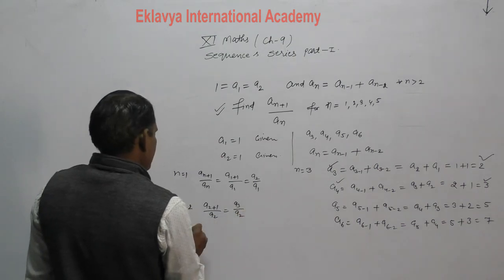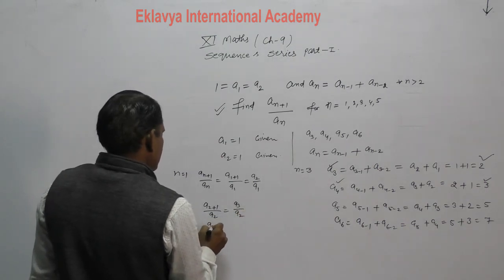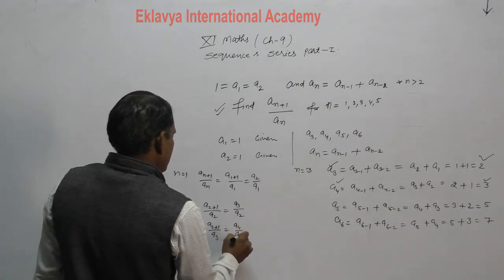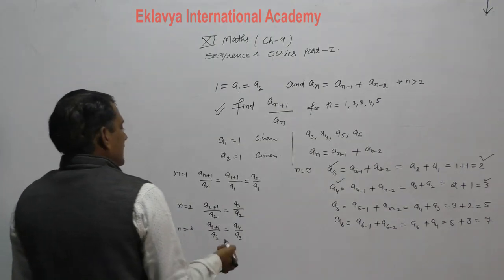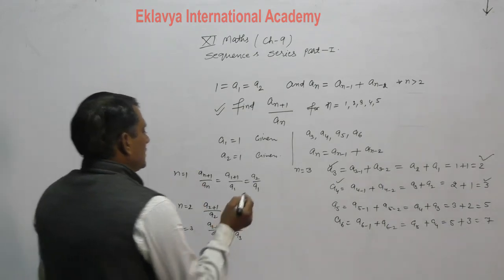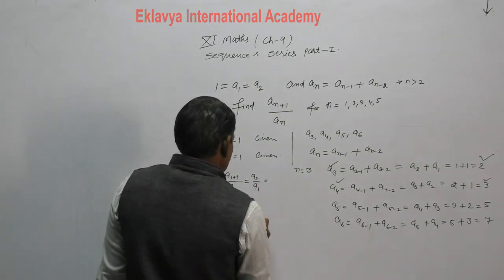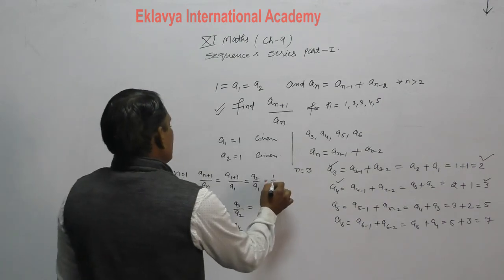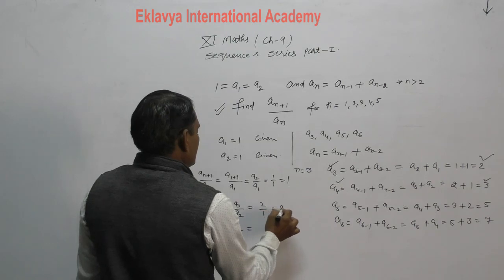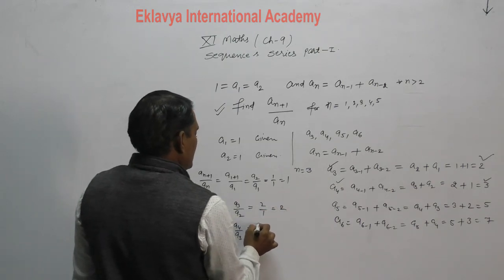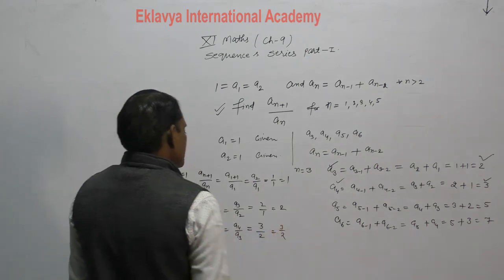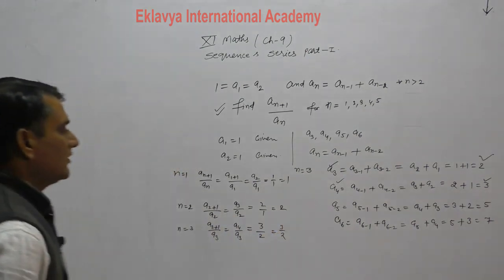For n is 3, it will return a4 over a3. Similarly n is 4, n is 5, so now we will calculate these values. a2 over a1 is 1 over 1, that is 1. a3 over a2 is 2 over 1, that is 2. a4 is 3 and a3 is 2, so the result is 3 by 2. Similarly you can calculate a5 and a6.